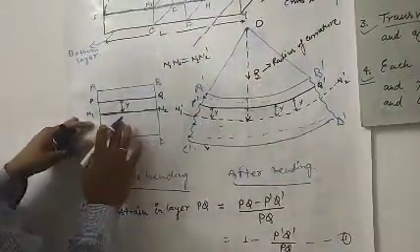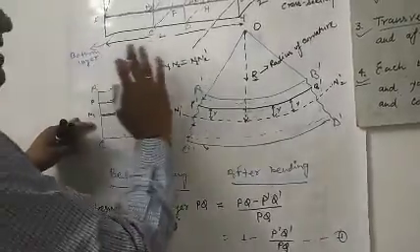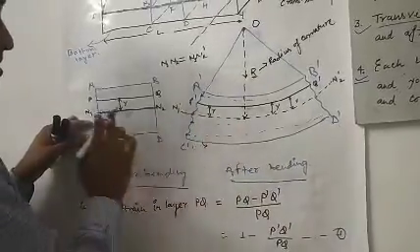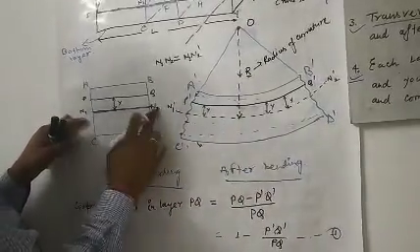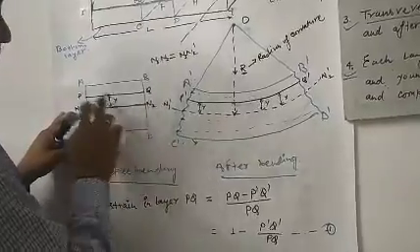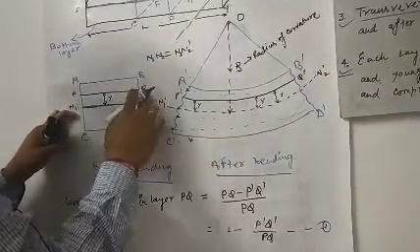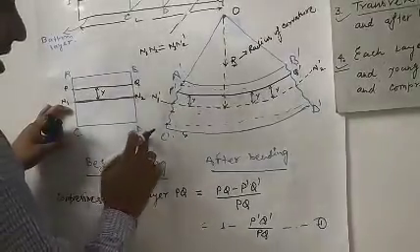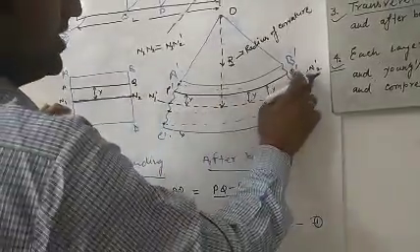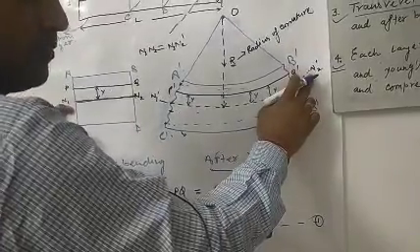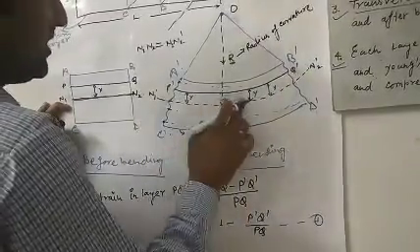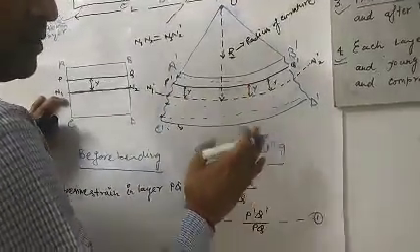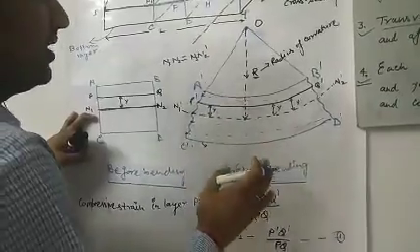Now, be very clear that the neutral layer is free from any kind of deformation, right? So we can say N1 N2 is equal to PQ before bending, equal to AB, equal to CD, right? And it will be equal to N1 dash N2 dash, right? Why? Because there is no change in dimension of the neutral layer before and after bending, because it is free from any kind of normal stress.